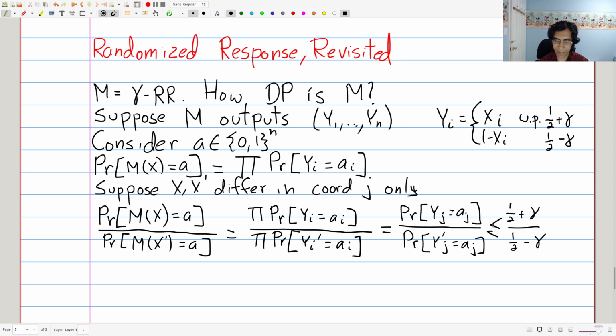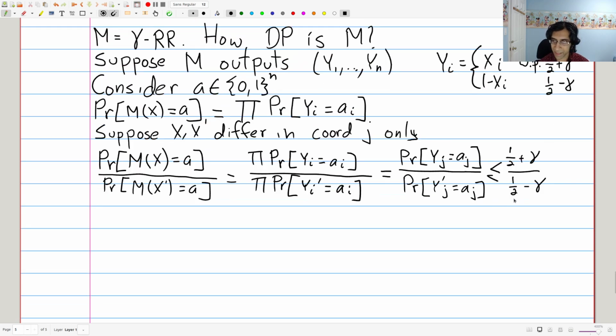Technically we could stop here and say that m is the natural log of 1/2 plus gamma over 1/2 minus gamma DP, but that's not very satisfying.